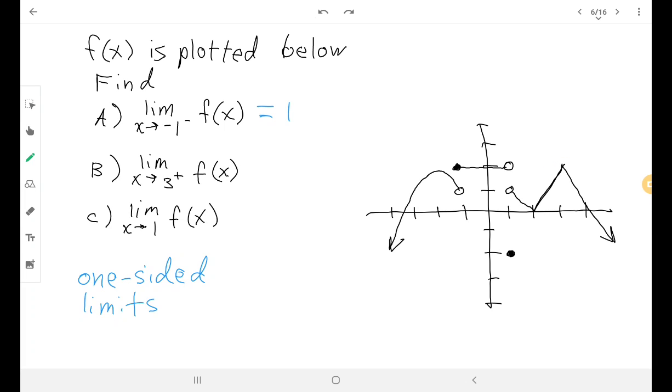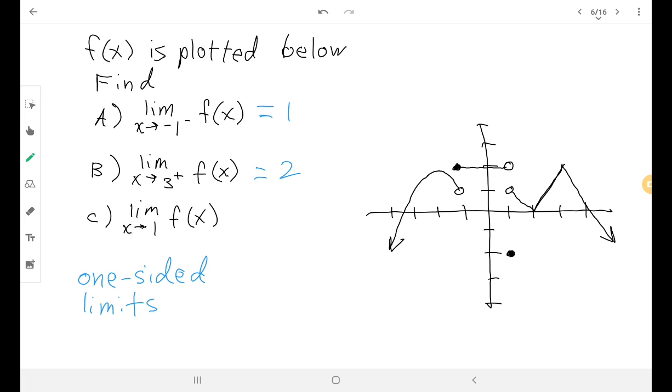In fact, no matter which direction I go, if I approached from the left, I'd still be approaching that. So, no matter what I do, I'm looking at this y value, which appears to be 2. So, the limit as x approaches 3 from the right of f of x is a y value of 2.